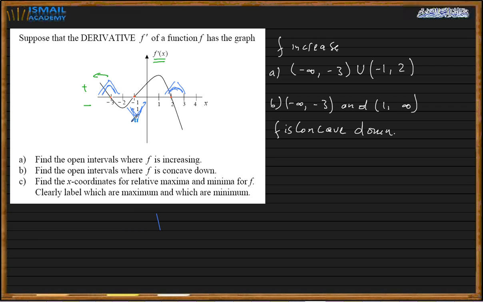I have two local max and one local min. So for part C, x equals -3 and x equals 2 are local max, and x equals -1 is a local min.